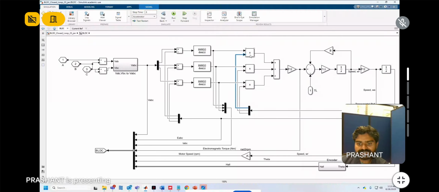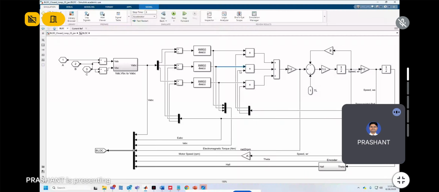We have Ka, Kb, Kc values. So Ka into Ia plus Ib into Kb plus Ic into Kc.